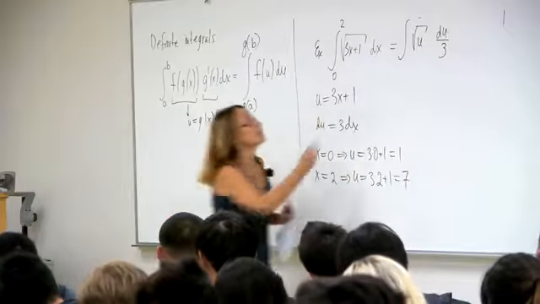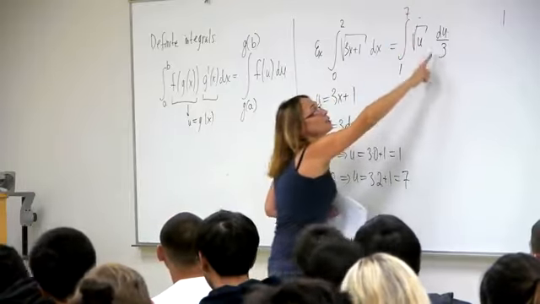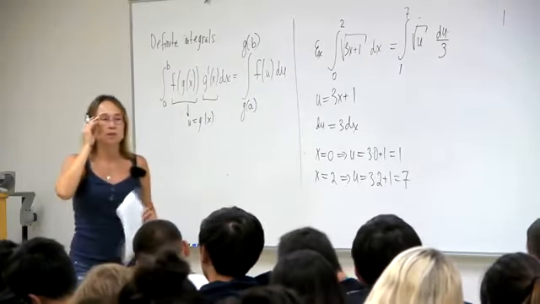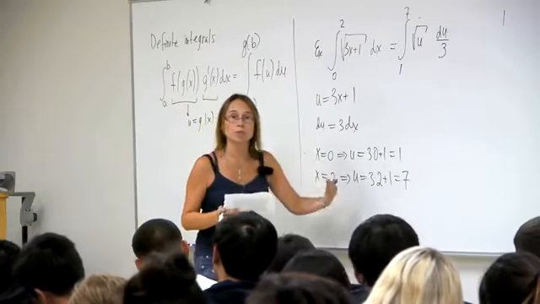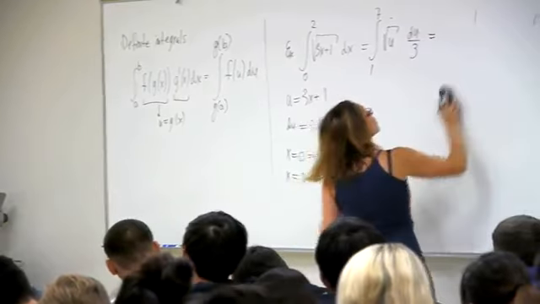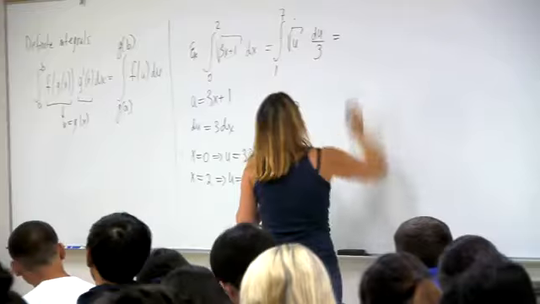These are my new limits, and this is what I put here. Okay, when I integrate in terms of u, it has to have its own limits of integration. Very important. If you leave the old ones on, that would be wrong. And now it's very easy to finish.